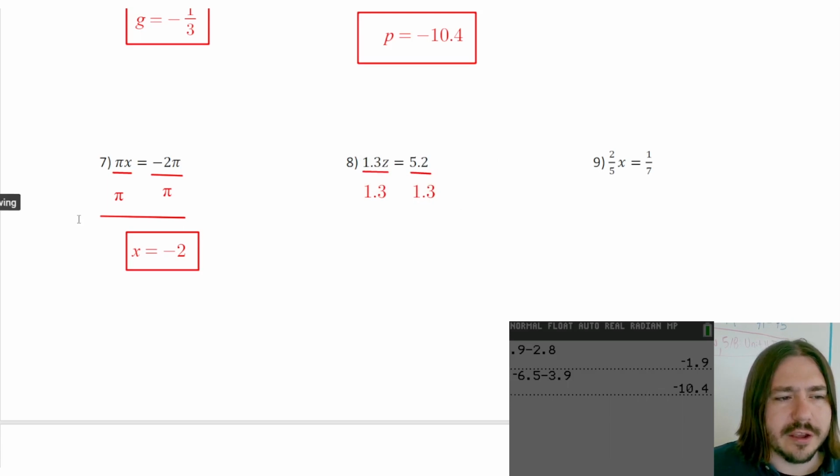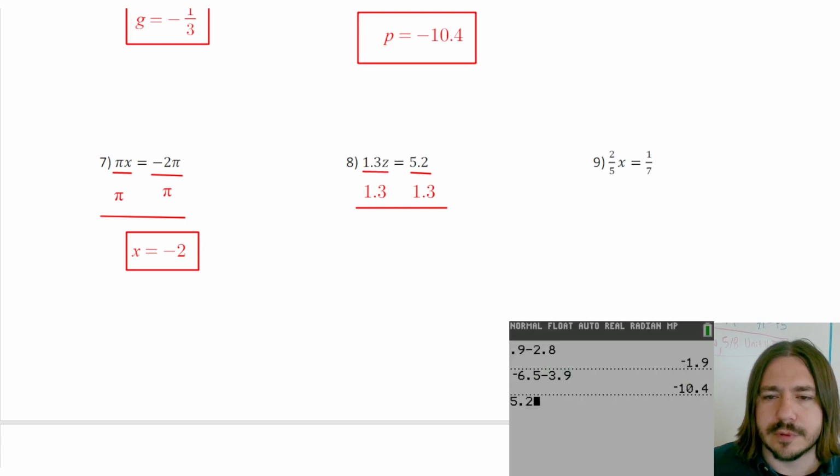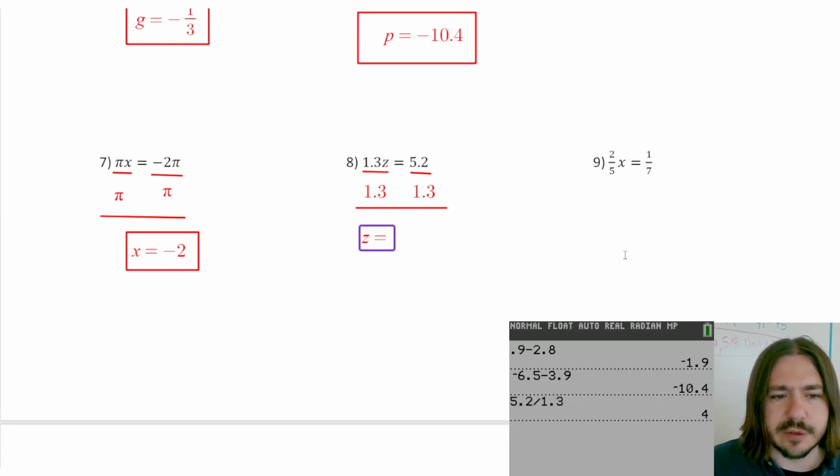I think it goes in 4 times, but we've got these decimals here. I'm going to use a calculator again on this one. Let's see, I'm guessing the answer is 4, but I might be off. And yeah, so it is actually exactly 4. So z equals 4.